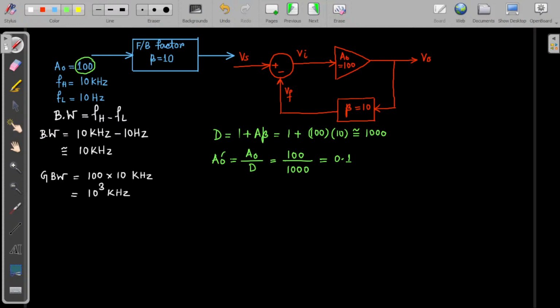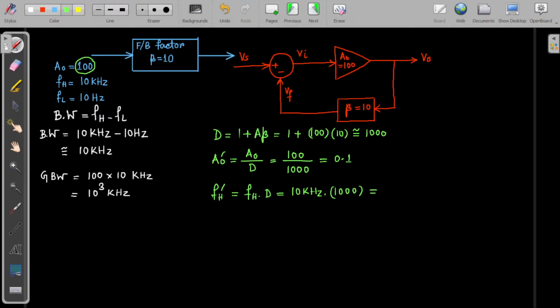As we connect the negative feedback, the midband gain has been decreased to a value of 0.1, very small. Now what will be the value of higher 3 dB frequency FH dash? So FH dash value will be equal to the previous FH into the desensitivity factor. Previous FH was 10 kilohertz into desensitivity factor is 1000.